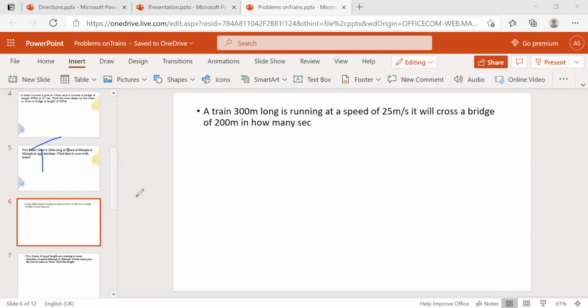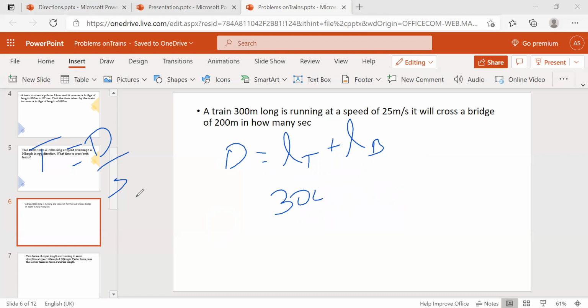So we know time is distance by speed, but we don't know the distance, which I discussed in the previous point. What is the distance? Distance equals length of train plus length of bridge. What's the length of the train? 300 meters. Plus, the length of the bridge is 200 meters. This total is the distance.